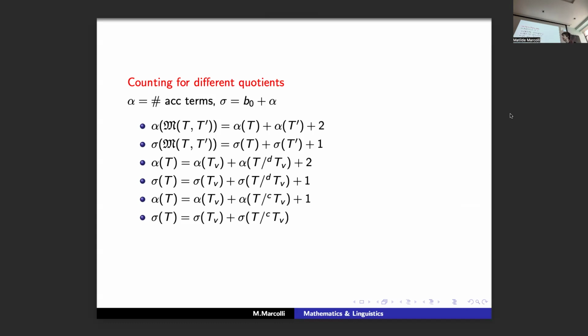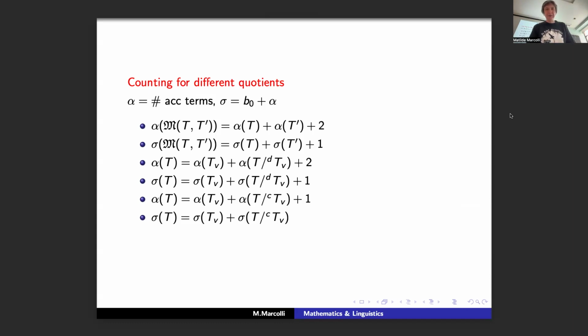One because of the cutting of the edge, so it loses the root, the part that goes into the root here, but it loses another one because of the edge contraction. Whereas if you take the one where you just contract, then the accessible terms only lose 1. Okay, so these are the various countings, up to possible typos.